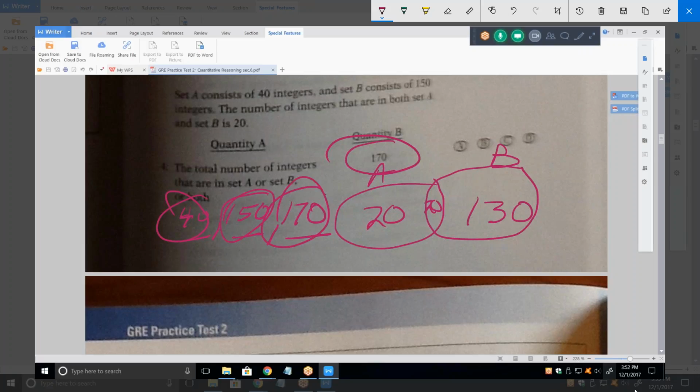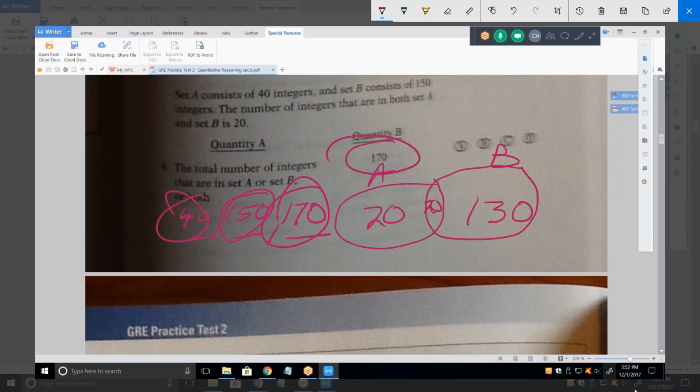So quantity A, it seems to me, could be any of these 3 numbers. They didn't say the maximum, which would have meant that the answer was 170. I know. I'm in your camp. I think the answer should be D.